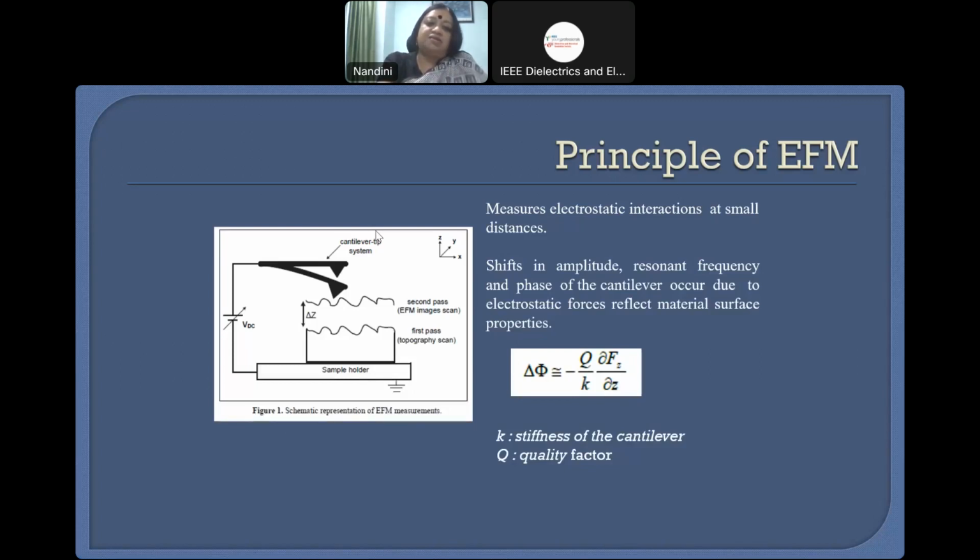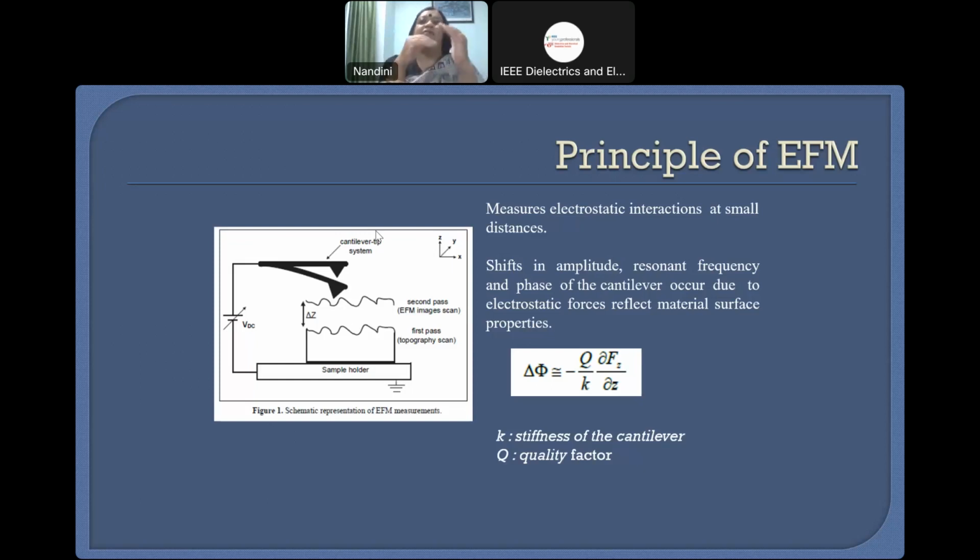What it does is, as we scan the surface just in the manner of AFM, we get phase images over and above the topographical image. These phase images give us the phase shift of the cantilever, and the phase shift occurs because of the change in electrostatic forces between the surface and the cantilever.